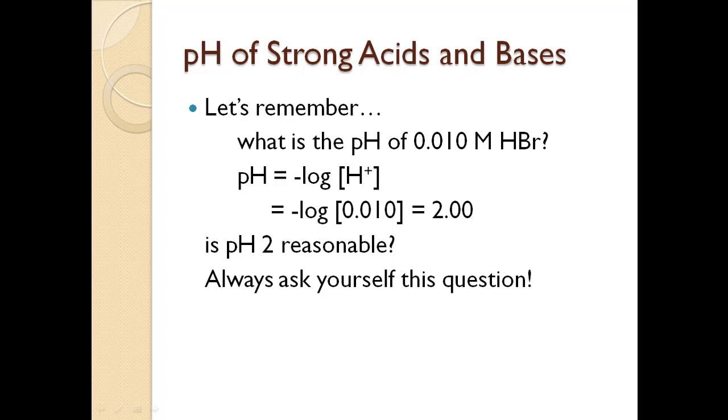Is 2 a reasonable pH for hydrobromic acid? Yes, it is. The reason I did this slide is so that you can remember to ask yourself: is the answer that you get reasonable for what you know you should get? Hydrobromic acid is a very strong acid, so your pH should be a very low number.